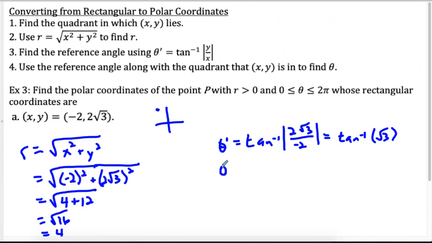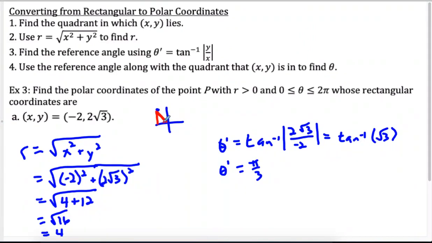So we can say that our reference angle is actually pi over 3.